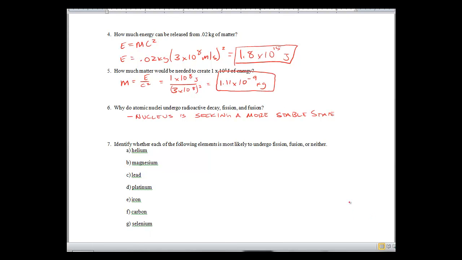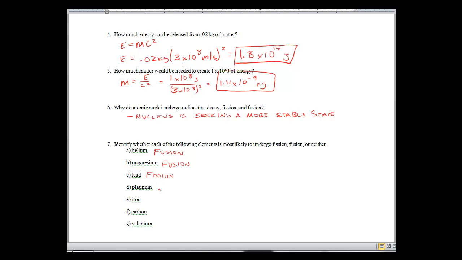Okay, so looking at each of these things, what you need to do is consult a periodic table, and see if the element is heavier or lighter than iron, essentially. If it is lighter than iron, like helium, you're going to have fusion. Magnesium is lighter than iron, so you're going to have fusion. Lead is heavier than iron, so it's more likely to undergo fission.